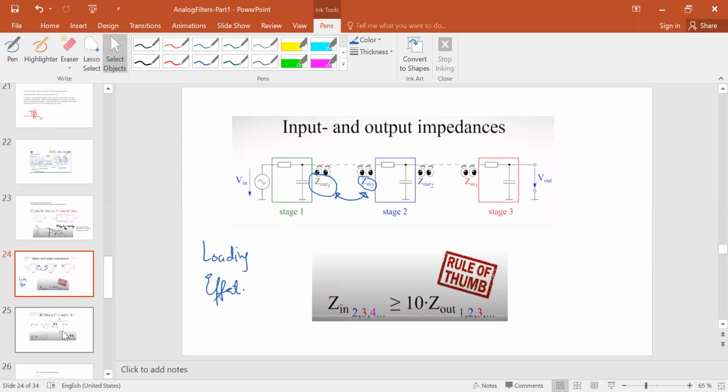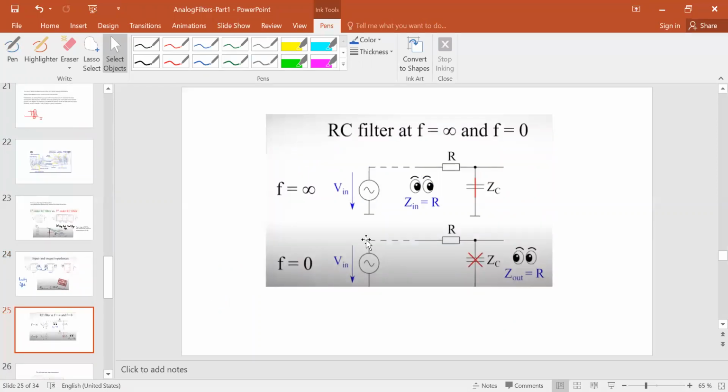So what is our Z in? In order to calculate Z in, we will use our assumption of F equal to infinity. It's a worst case scenario. For F infinity, the Z in came out to be R, because this will become a short circuit, and we are looking from this side.